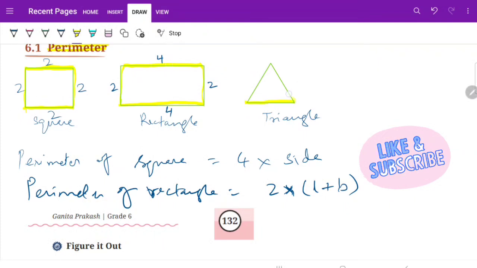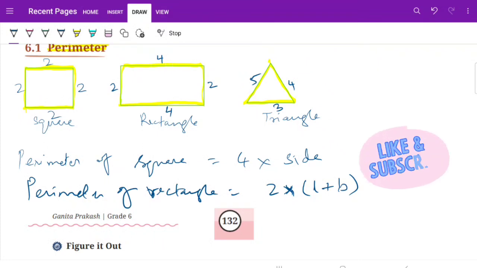Now the last one here is the triangle. For a triangle, the perimeter means the sum of the lengths of the 3 sides. For example, if one side is 3, another is 4, and another is 5, what is the perimeter? 3 plus 4 plus 5, that is 12.